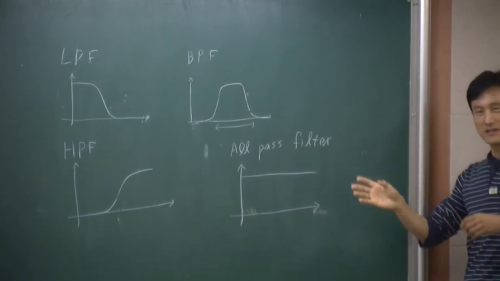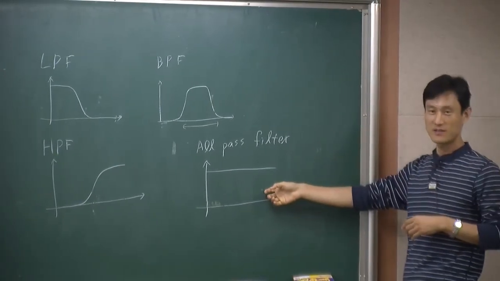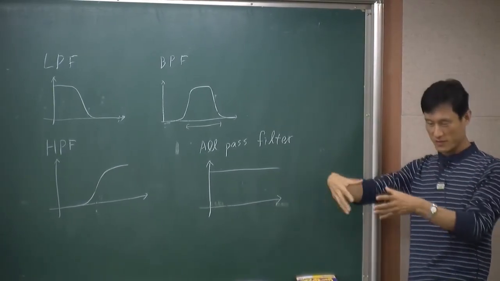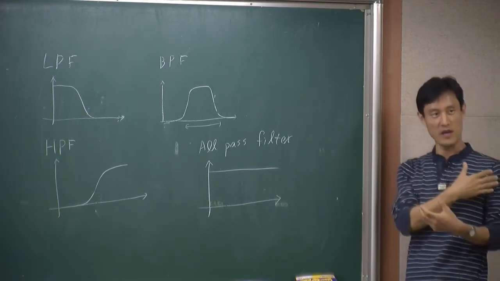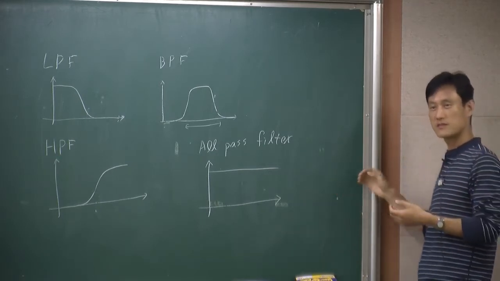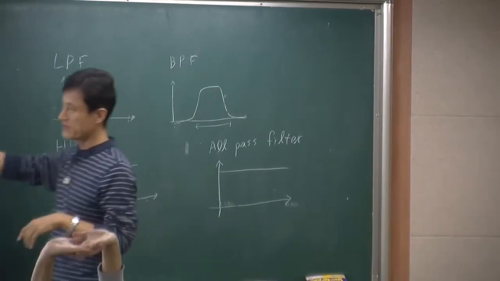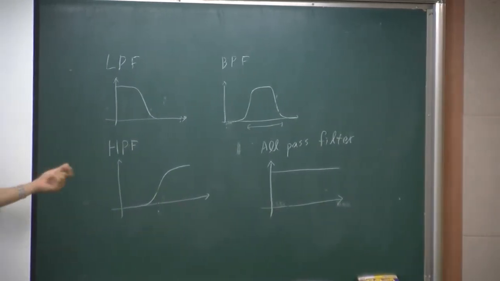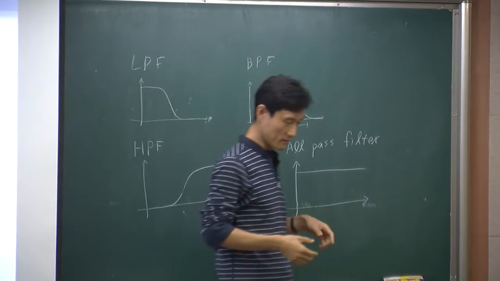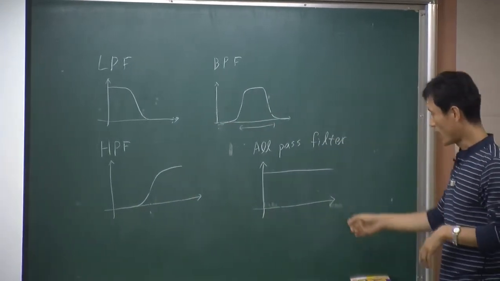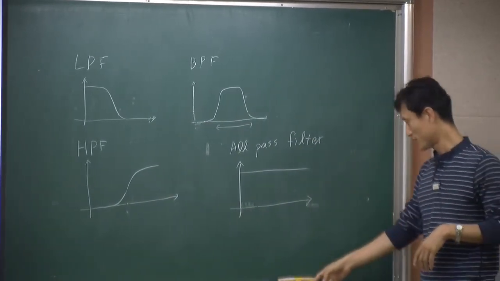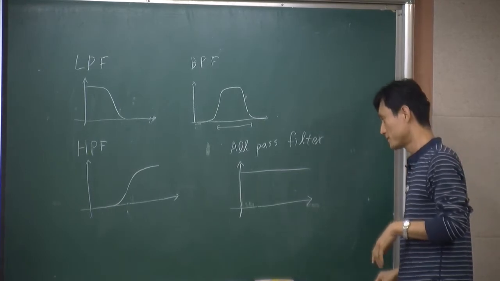In that case, you don't need this, right? So why do you need this? This Hilbert transform is almost like an all-pass filter. Then why do you need this? Anyone have an idea why?